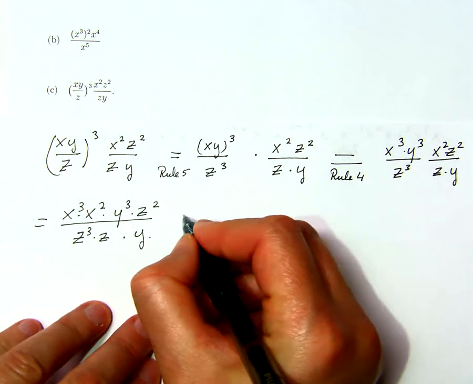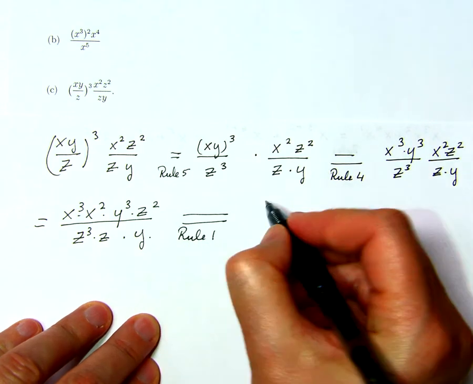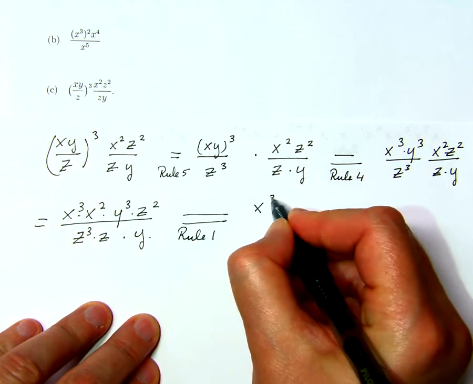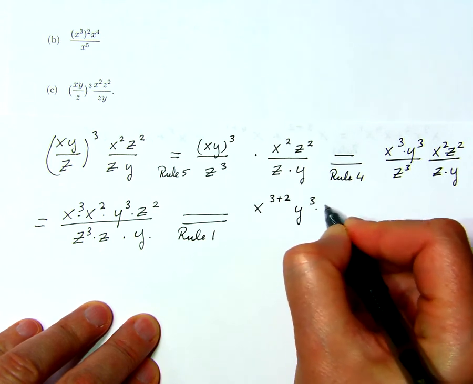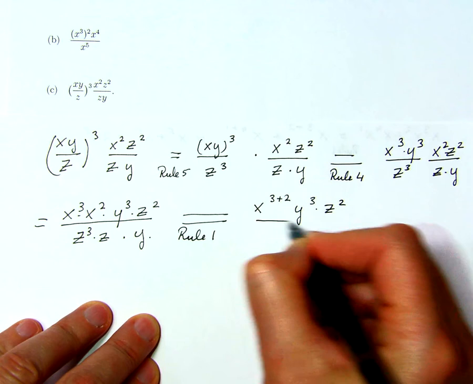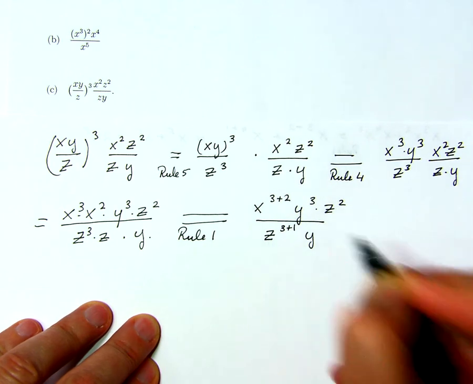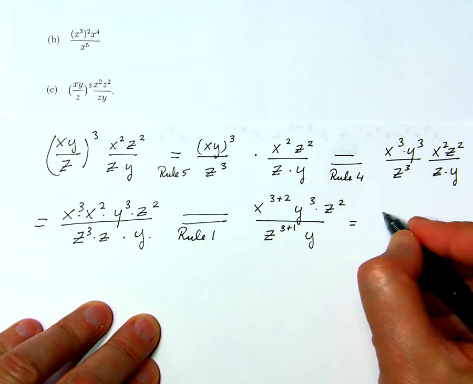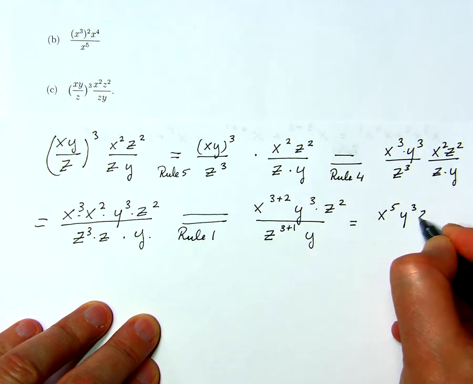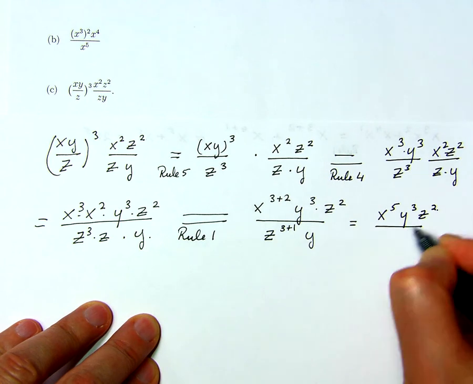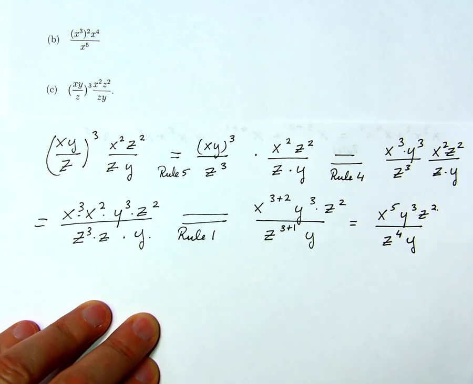So by rule number 1, I get that this is x to the 3 plus 2 times y cubed times z squared over z to the 3 plus 1 times y, and that's equal to x to the 5 times y cubed times z squared over z to the 4 times y.